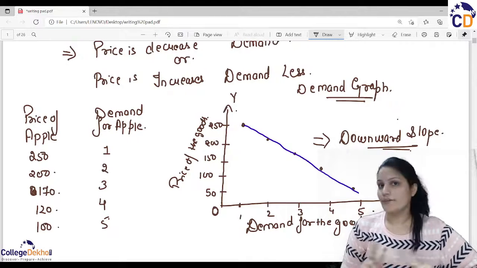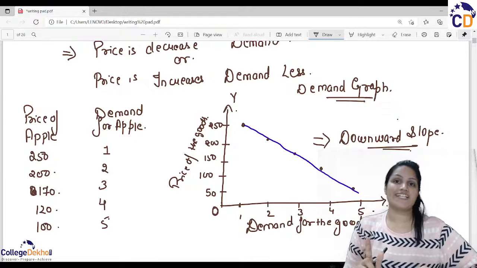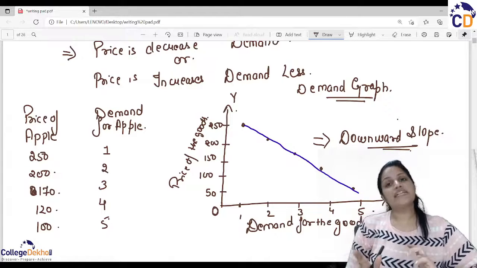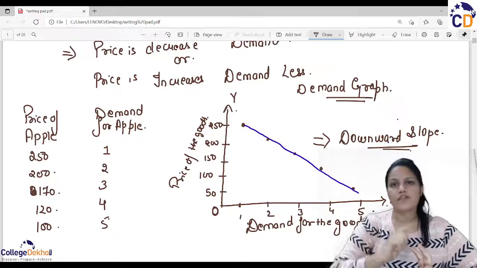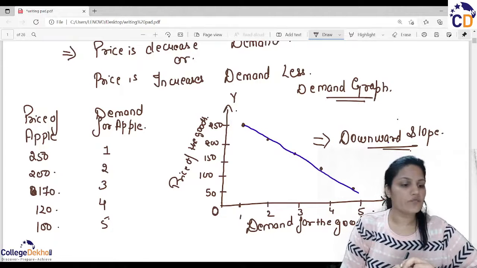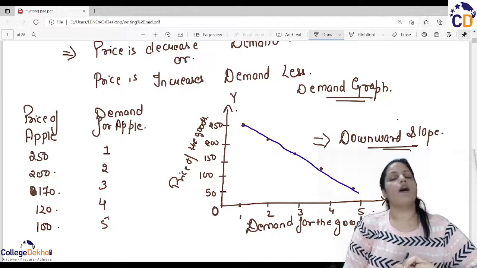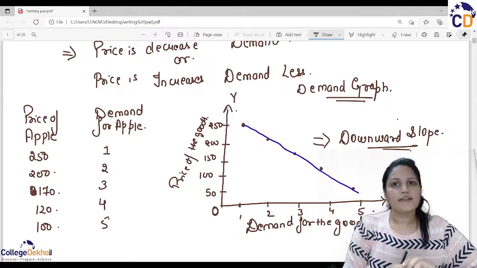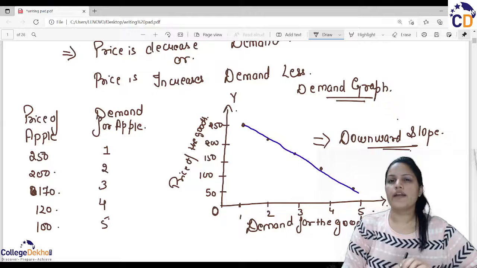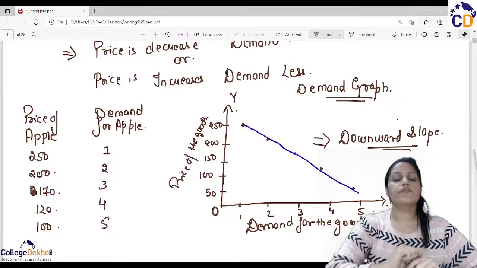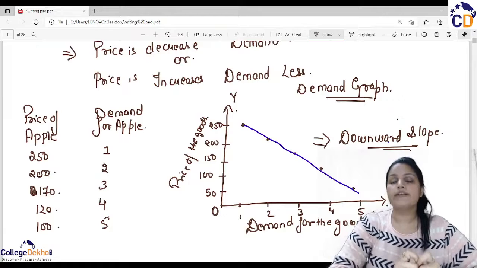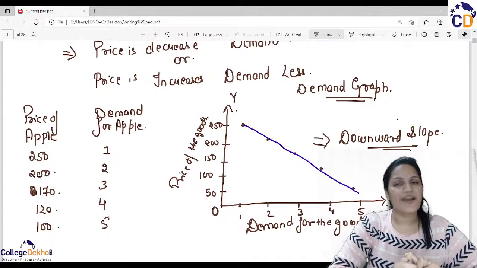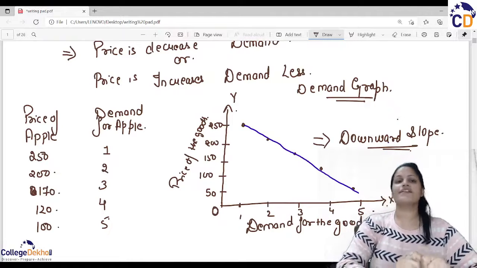That is not demand. But before purchasing an item, when we desire something, thinking yes, I should have that, I must have that, that is what we call demand. And demand here always has an inverse relationship. When the price decreases, quantity demanded increases, and when the price increases, quantity demanded decreases.